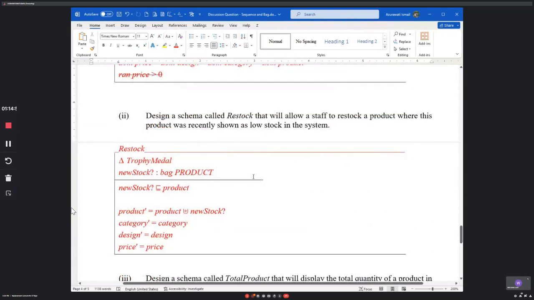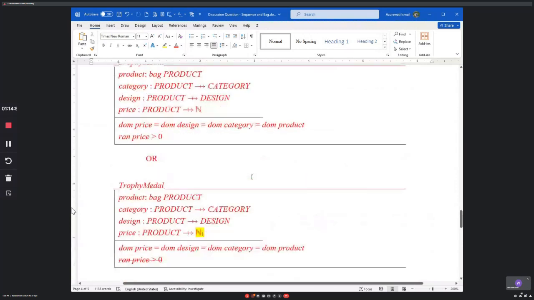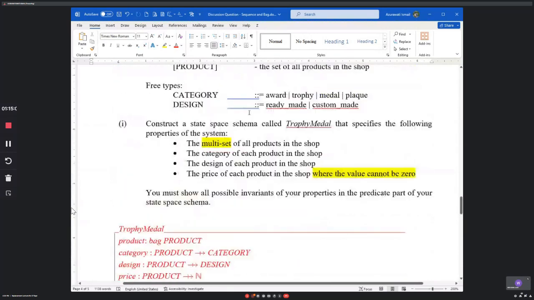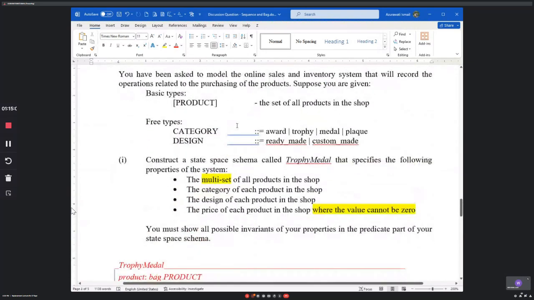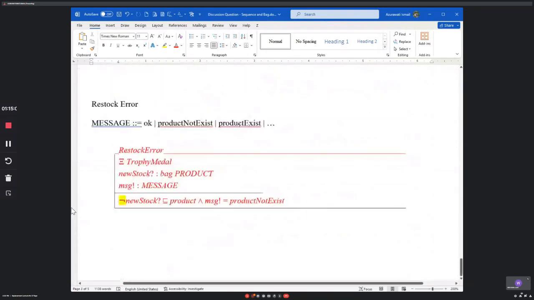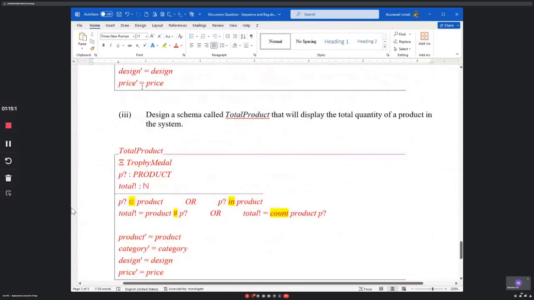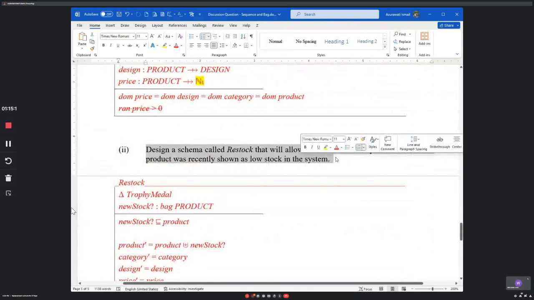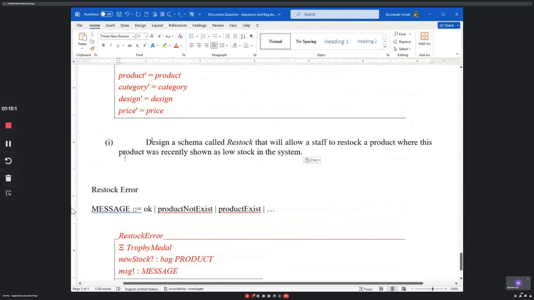For example, assuming a customer wants to buy a product, similar to purchase, like your test paper.